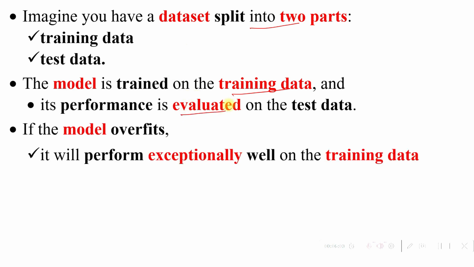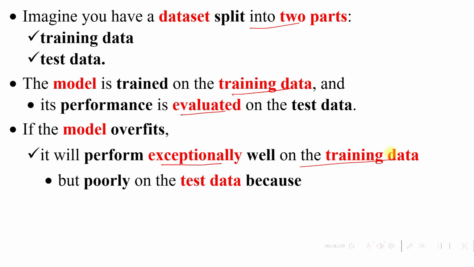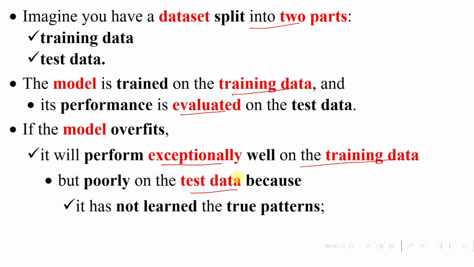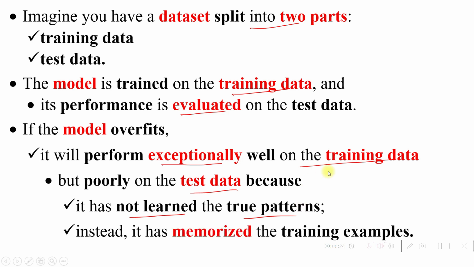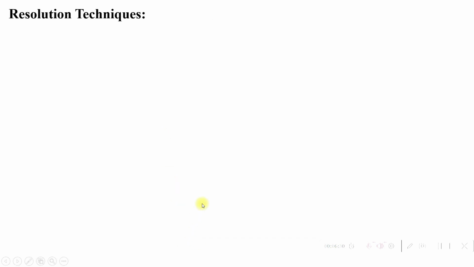If the model overfits, it will perform exceptionally well on the training data but poorly on the test data, because it has not learned the true patterns. Instead, it has memorized the training examples. In order to overcome this, we have to follow different techniques.